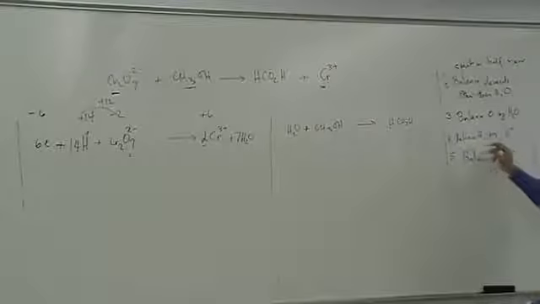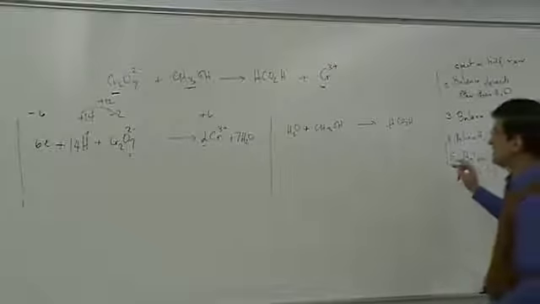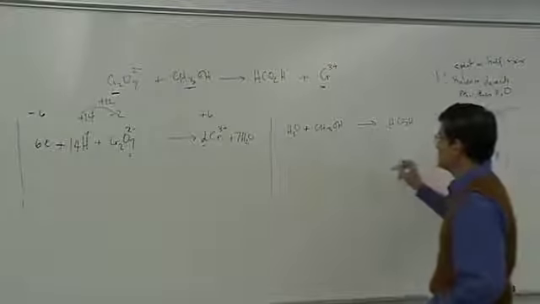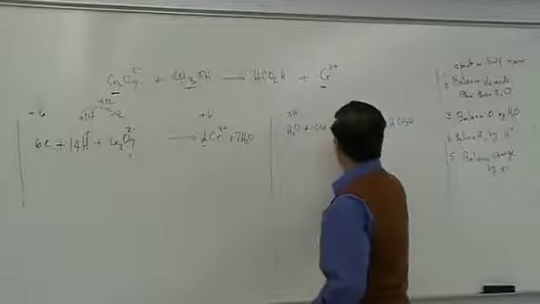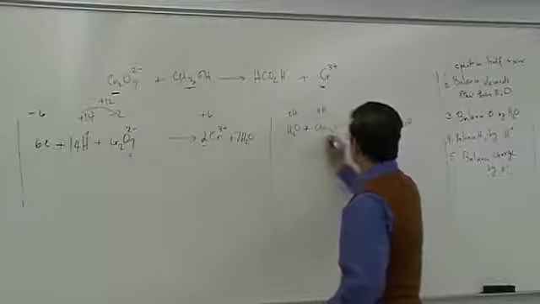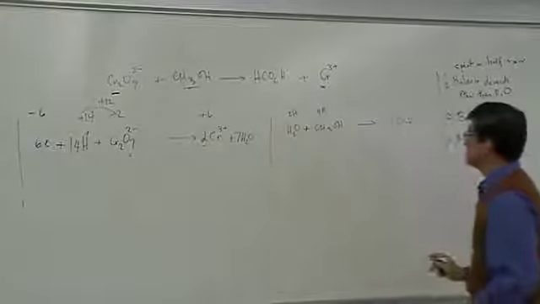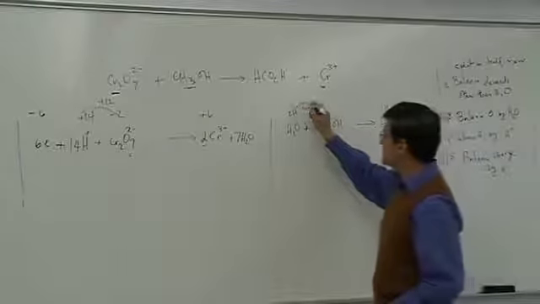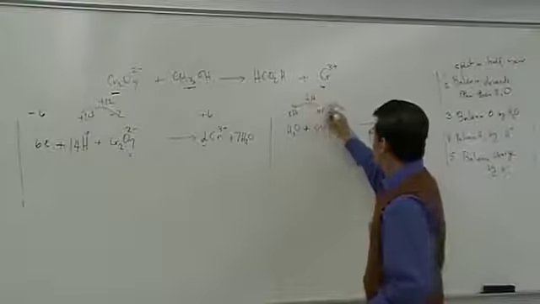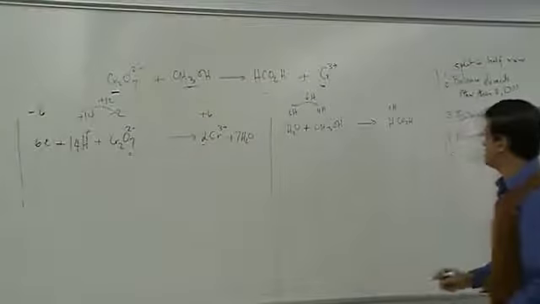And now we need to balance hydrogen by adding H+. Let's see how many hydrogens we have on each side. I have 2 hydrogen coming from here, 3, 4 hydrogen coming from CH3OH, and here I have 2 hydrogen. So I have 6 hydrogen on the left hand side, 2 hydrogen on the right hand side.